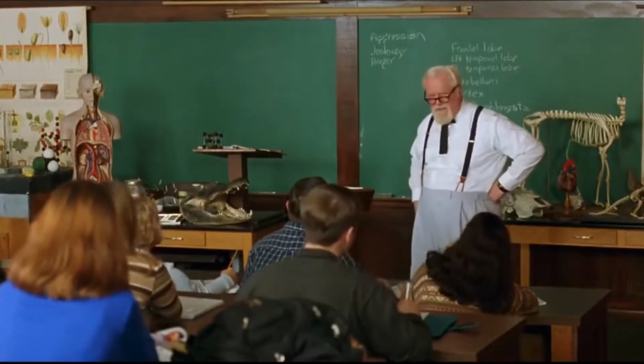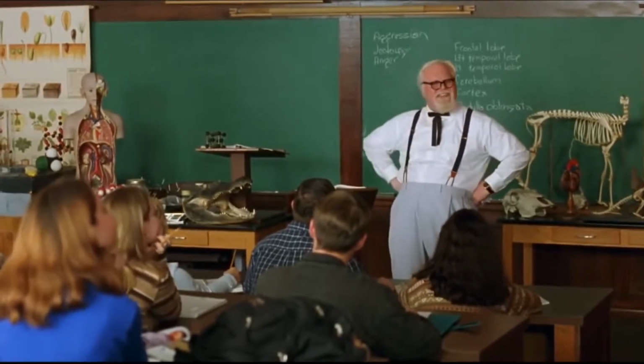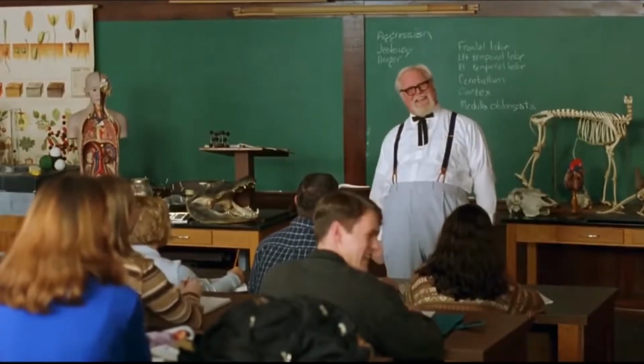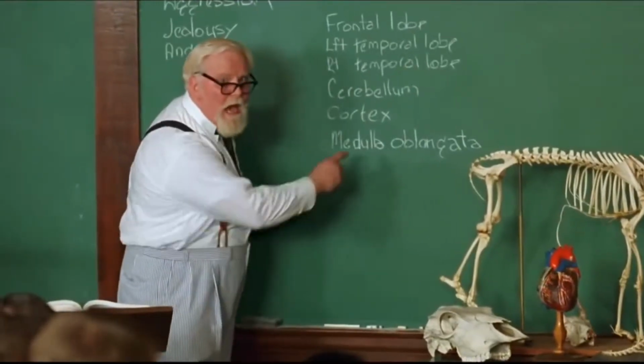Your mama said alligators are ornery because they got all them teeth and no toothbrush. Wow. Anybody else? Yes, you, sir? Alligators are aggressive because of an enlarged medulla oblongata. It's the sector of the brain which controls aggressive behavior. That is correct. The medulla oblongata. But Mama said... The medulla oblongata is where anger, jealousy, and aggression come from.